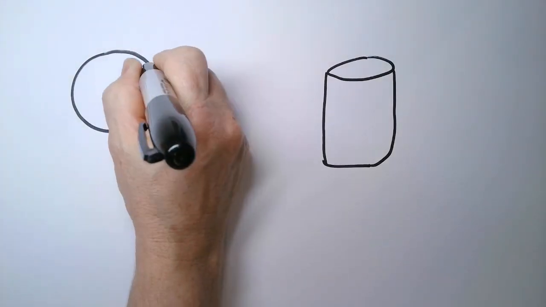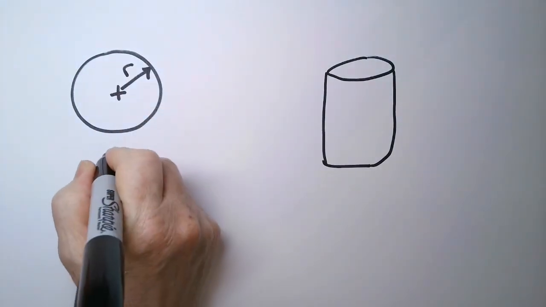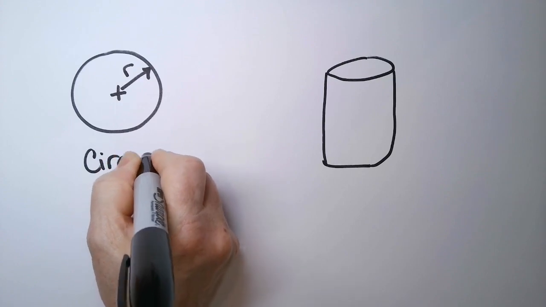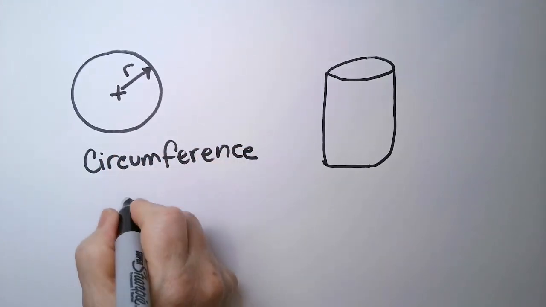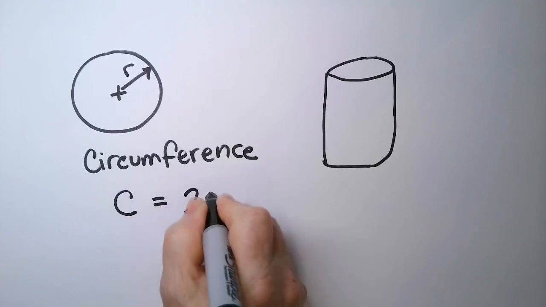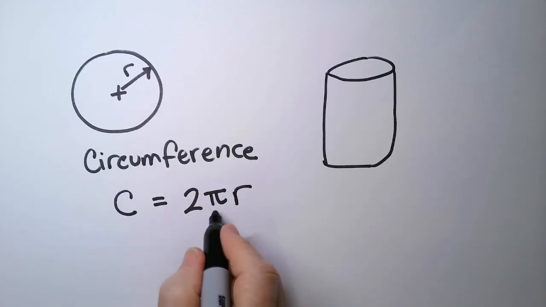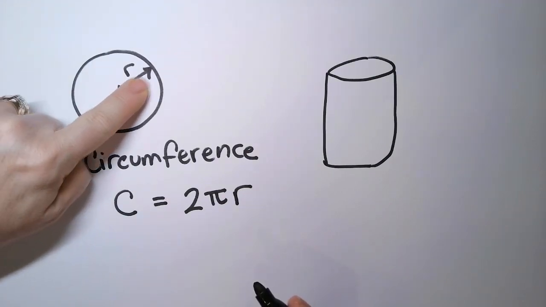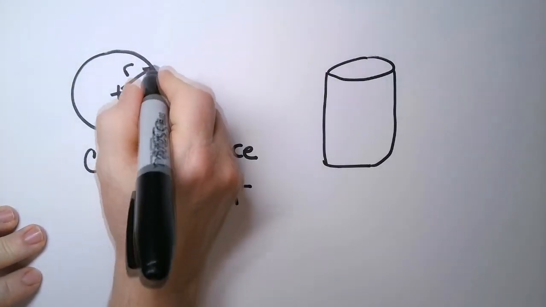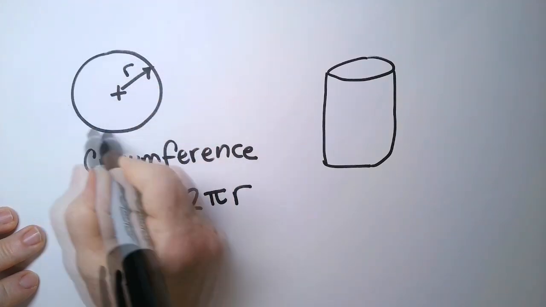If given the radius r, the perimeter, also known as the circumference of the circle, C, is 2 pi times r, where pi is a number a little bit more than 3. So if I give you the radius, you should be able to tell me how long it takes to get once around.